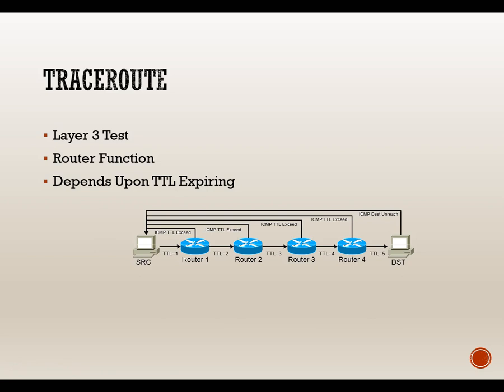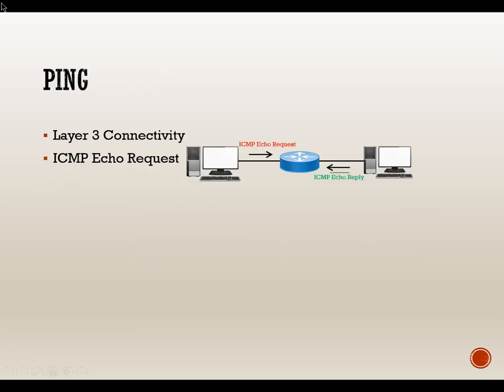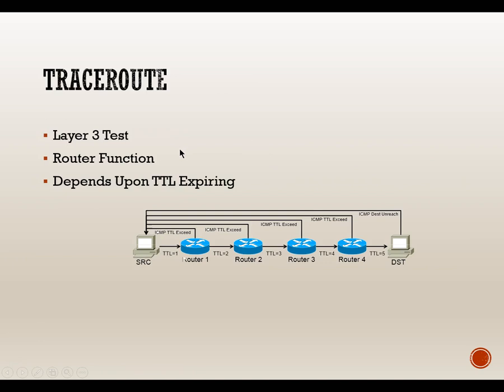It depends upon an expiring TTL, the time to live. When we create a packet, it has a certain time to live. If it didn't have that, then we'd have packets out there running around forever. They would never expire. So what it does is sets the first TTL to 1, and then when the TTL gets to 0, the packet dies.